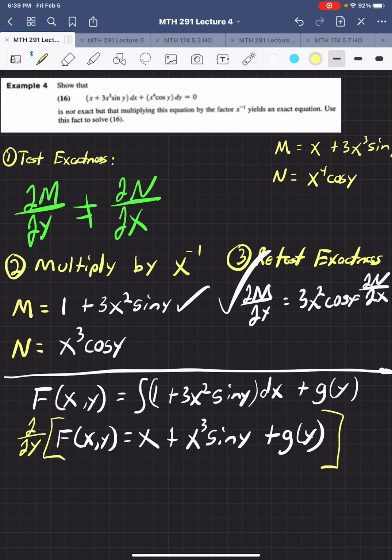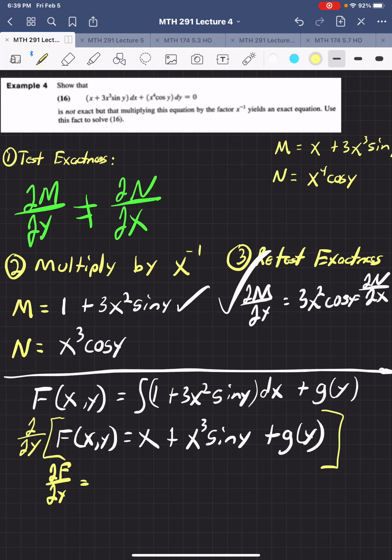All right, so what do we get? Well, the partial of f with respect to y is going to be equal to, let's see here, x.